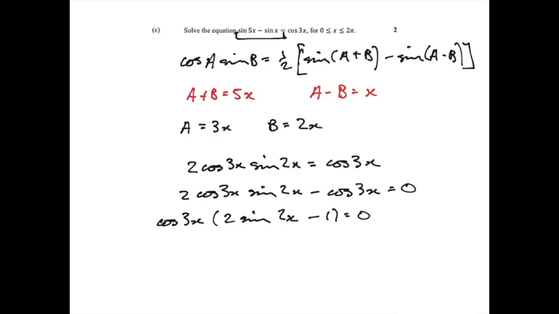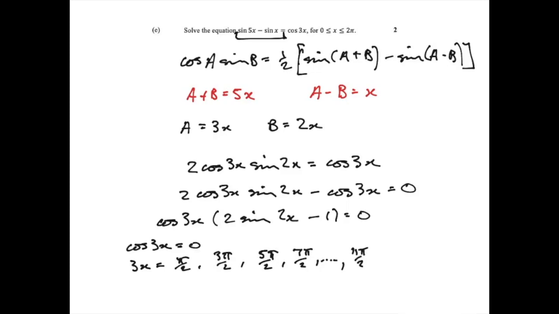So null factor law, cosine 3x could be 0. So 3x could be, when is cosine 0? It is 0 at pi on 2, 3 pi on 2, 5 pi on 2, 7 pi on 2, and so on. Now I'm going to be dividing by 3, so these are all going to be dividing by 6. So I would want to go all the way up to 11 pi on 2.